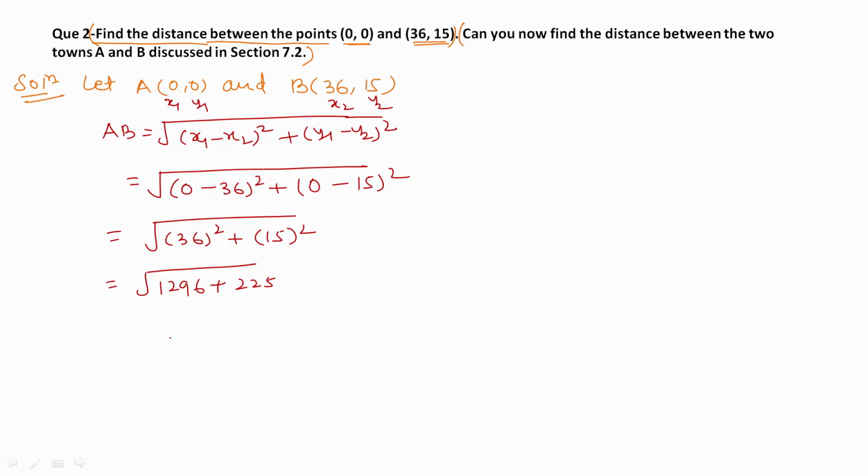This will be equal to under root 1521 units. Here you can take the root, or you can find the prime factors of 1521 and the pairs come out from the root, so both answers will be the same.